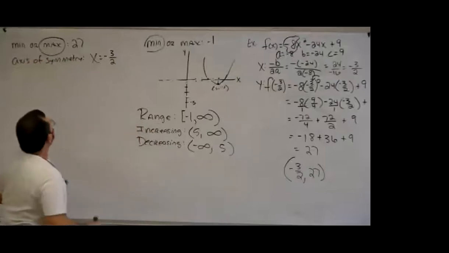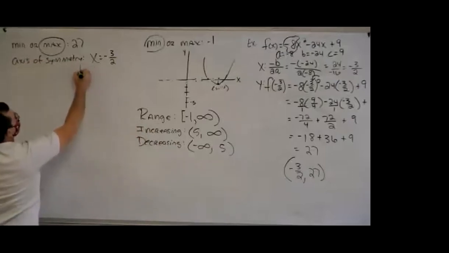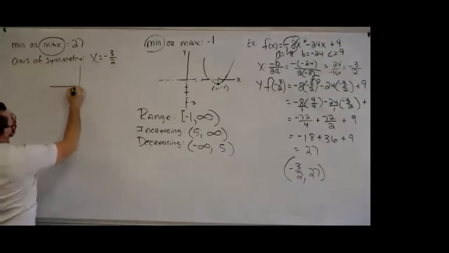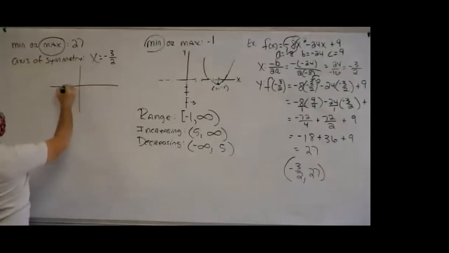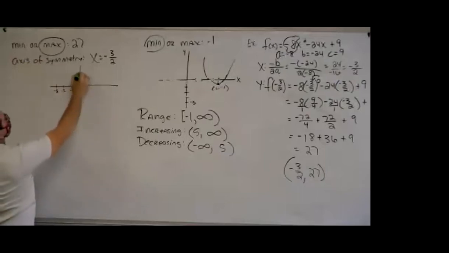All righty, so let's figure out what this one's doing so we can look at our range and our intervals. So that'd be -1, -2, -3. And then, whoa, I'm going up here at 27. So this is going all the way up to 27.